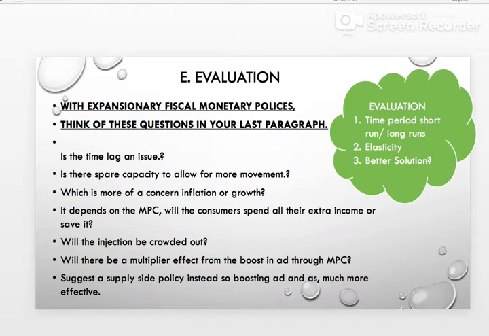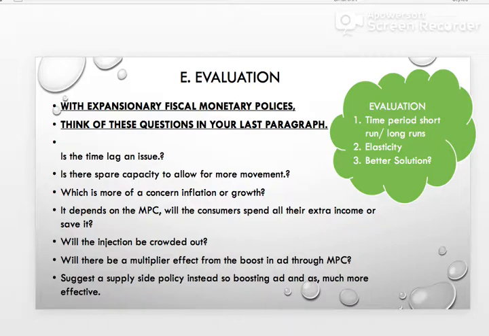In terms of your evaluation, in the green bubble there, good evaluation tends to be looking at the short run versus the long run. Maybe you're looking at the elasticity, whether it was elastic or inelastic in your micro. And generally with your commentaries, there's a problem of some sort, an economic problem. Your job in your evaluation is to offer an alternative solution. Here I've used the example of an article possibly with expansionary fiscal policies.